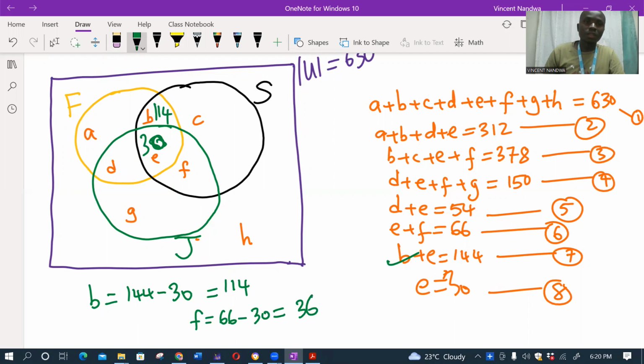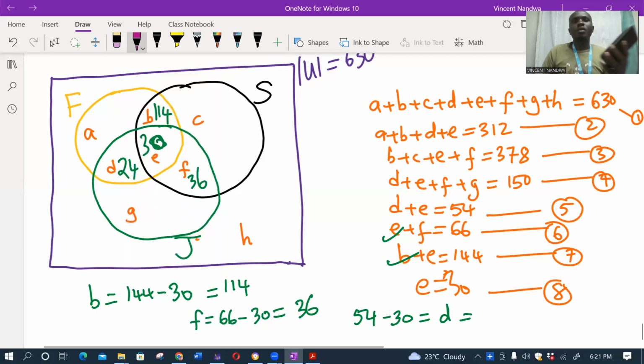So F is 36. And then D plus E is 54. So 54 minus 30 gives us the value for D, which will be 24. So you fill 24 in this section.